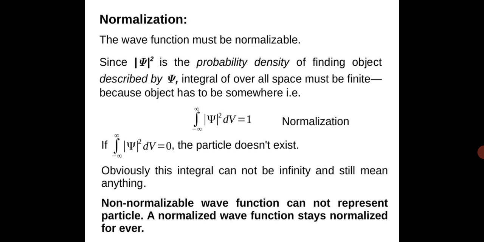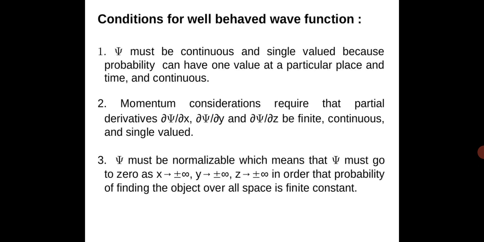If it is equal to 0, the particle doesn't exist. Obviously this integral cannot be infinity and still mean anything. A non-normalized wave function cannot represent a particle. A normalized wave function stays normalized forever.